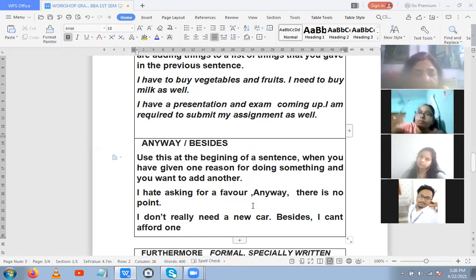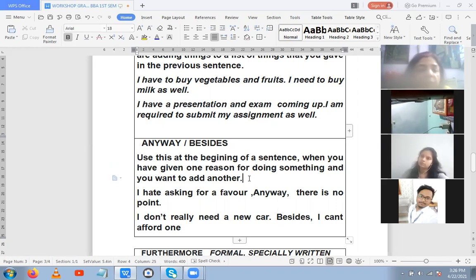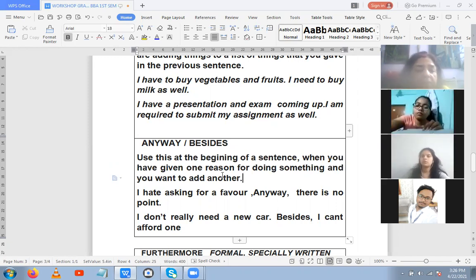For example, let me read this again. You have to be using this at the beginning of any sentence when you have given one reason for doing something and you want to add another reason. I hate asking for a favor.